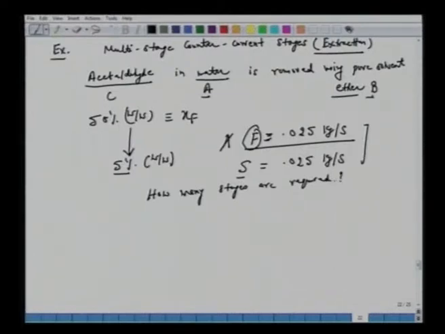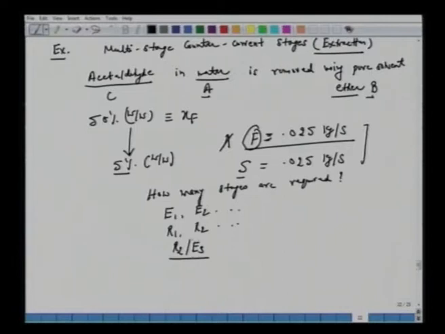That's one question. We have also been asked to mark all these lines. What are the extract flow rates, E1, E2, etc., in the different stages? We have also been asked to find the amount of raffinate leaving each stage. One more small question: find the ratio R2 over E3.